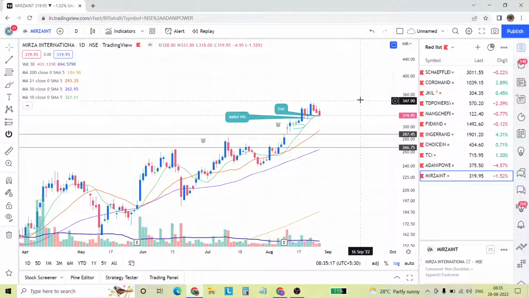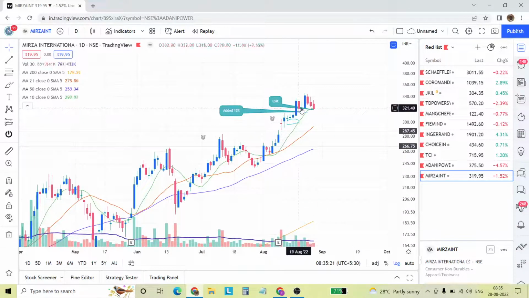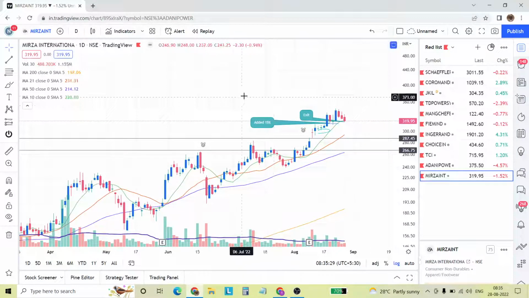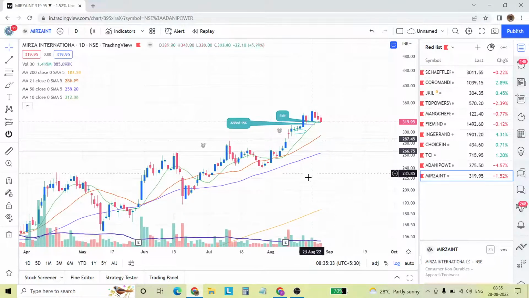I'd rather move my money to a stock which is showing momentum. That is the only reason. Otherwise it is still good. The structure is still good, and it can consolidate a bit and go up. People who like to hold on longer can definitely hold on, but I try to rotate my money and compound. That's my style.